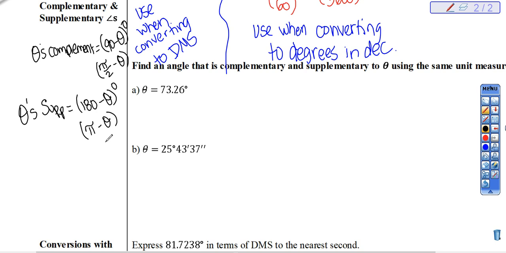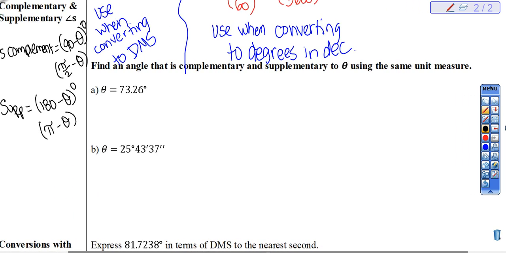Okay, so our instructions here tell us that we need to find the angle that is complementary and supplementary to theta using the same unit measure. So if I look at A, it says theta is in degrees. 73.26 degrees, it's in degrees. So I want its complementary angle to be also in decimal degrees.